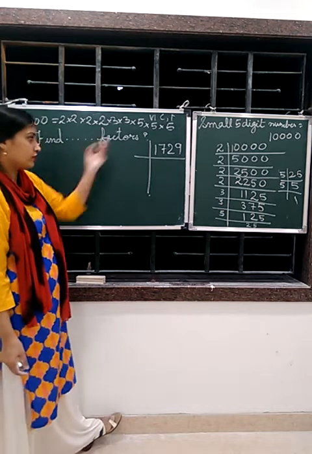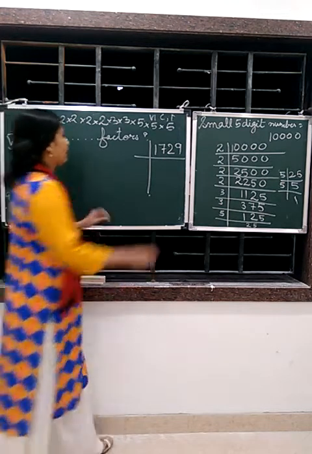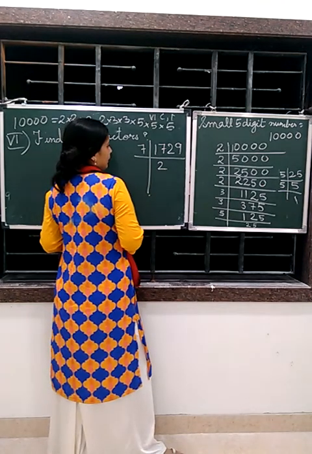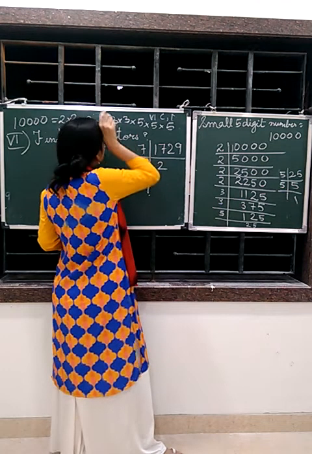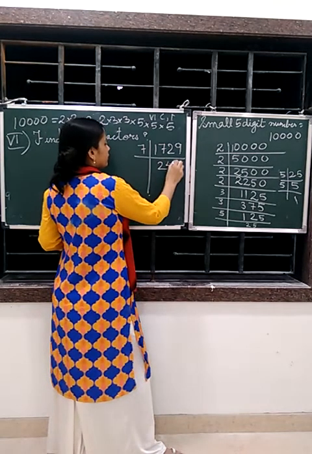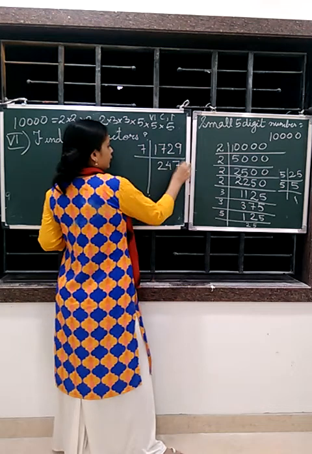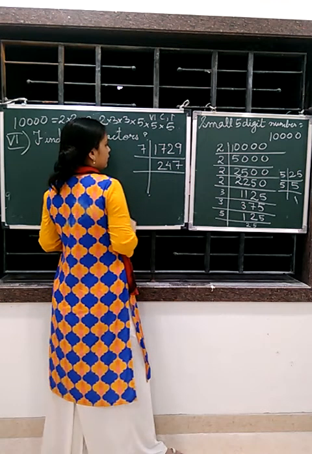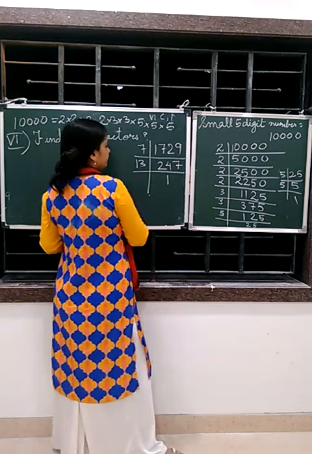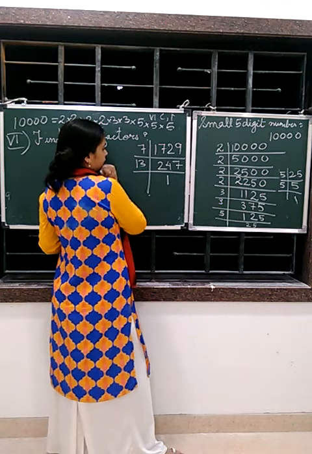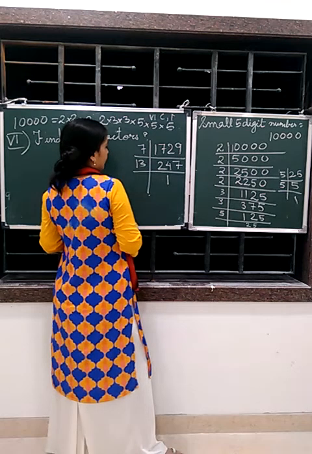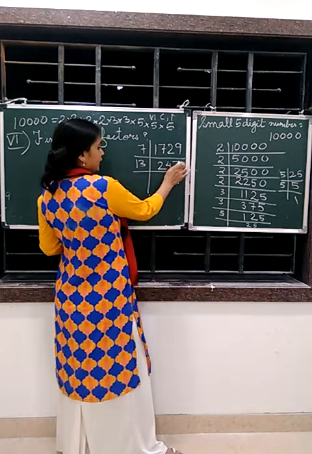It is not going by 2 and 3, so it is not going by 6. 7. 7 2s are 14. 4s are 28. 7 7s are 49. 247. 247 will go by 13. 13 1s are 13. 13 9s are, because 9 3s are 27 and 7 is the last digit.